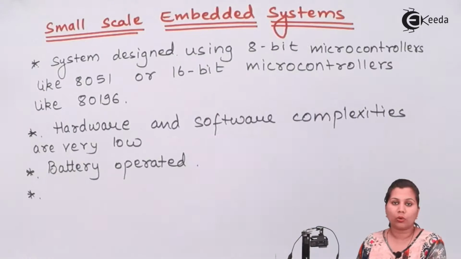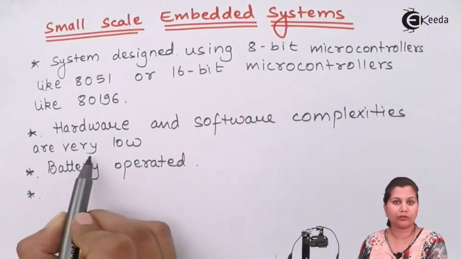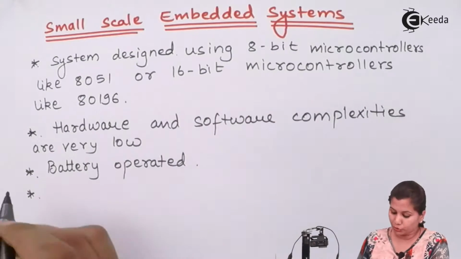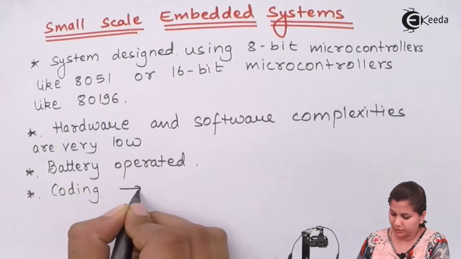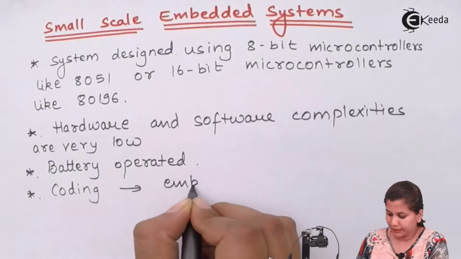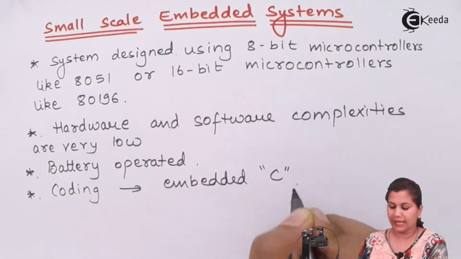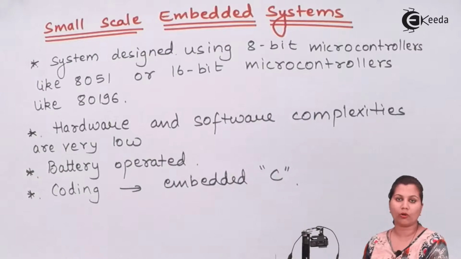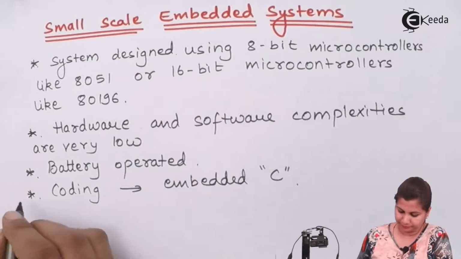Now, when the coding is done in the small scale embedded system, because hardware and software complexities are very low, their coding can be done in simple embedded C. Means in simple C language, the coding of such small scale embedded systems can be done.